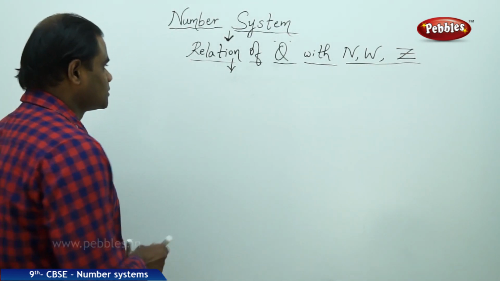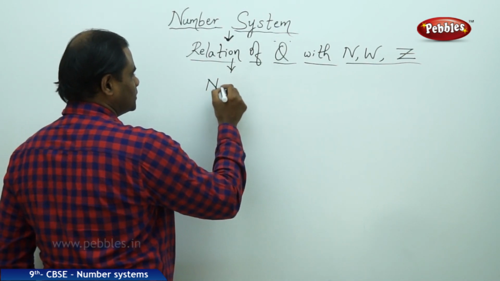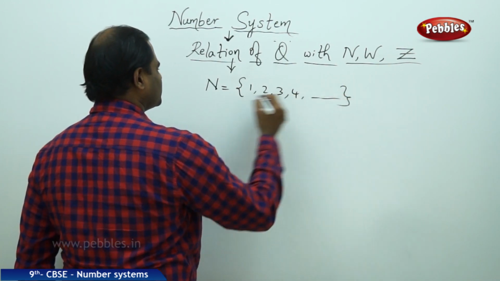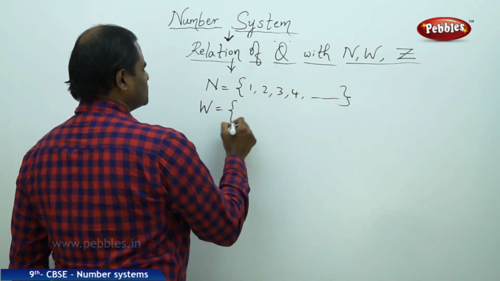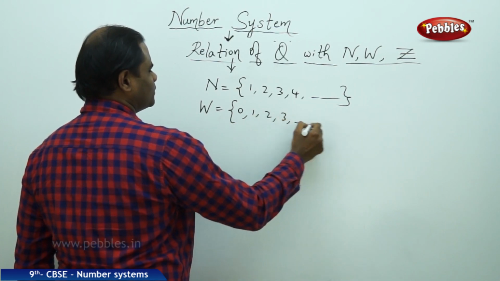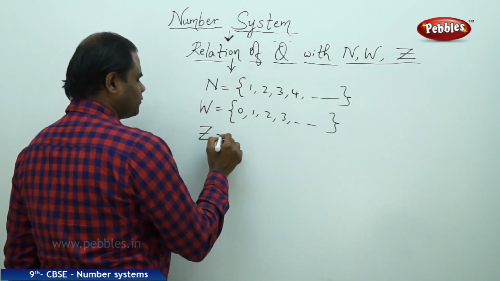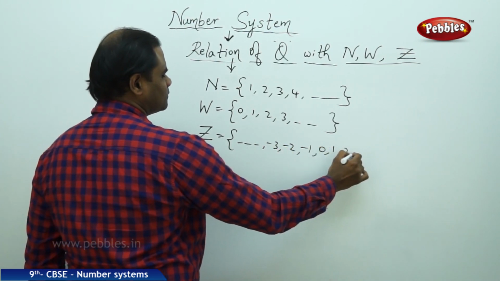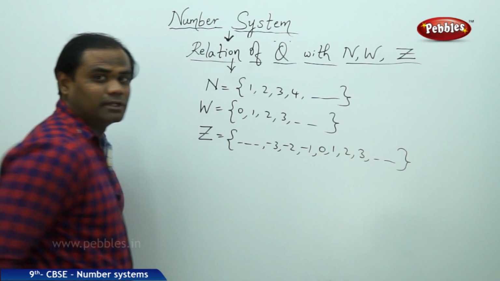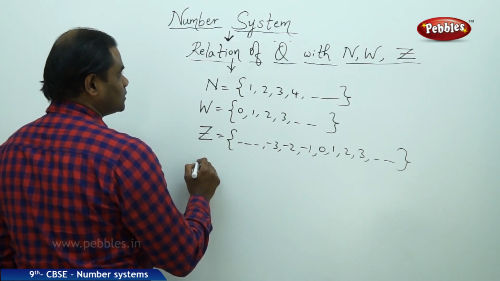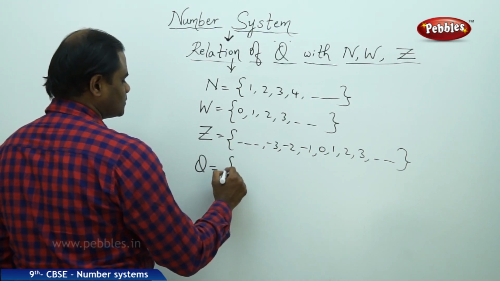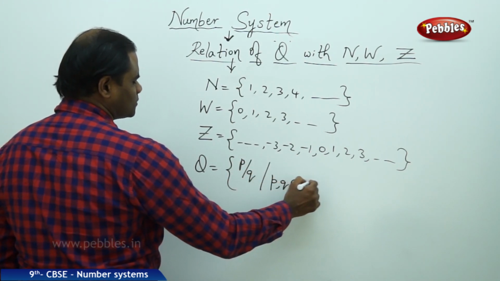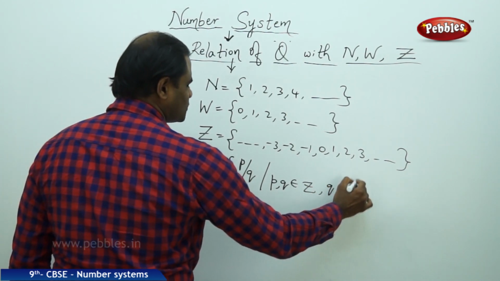The relation says we have our natural numbers 1, 2, 3, 4, etc., and whole numbers, which is 0, 1, 2, 3, etc., and my set of integers, which includes negatives as well, and my rational numbers, which are all in the form P by Q, such that P and Q belong to Z and Q is not equal to 0.